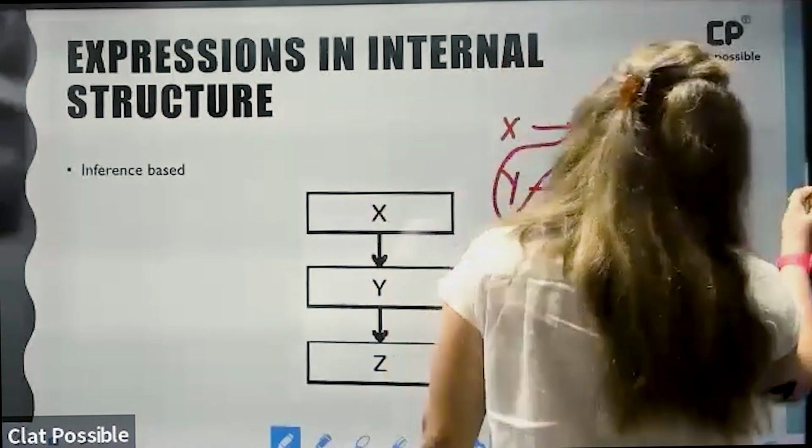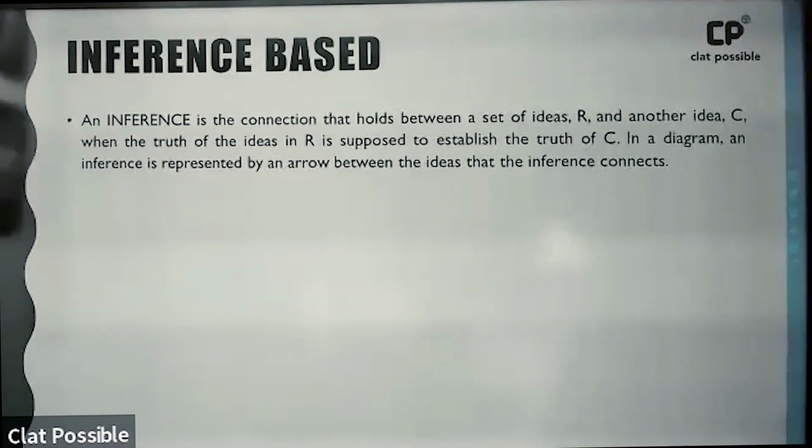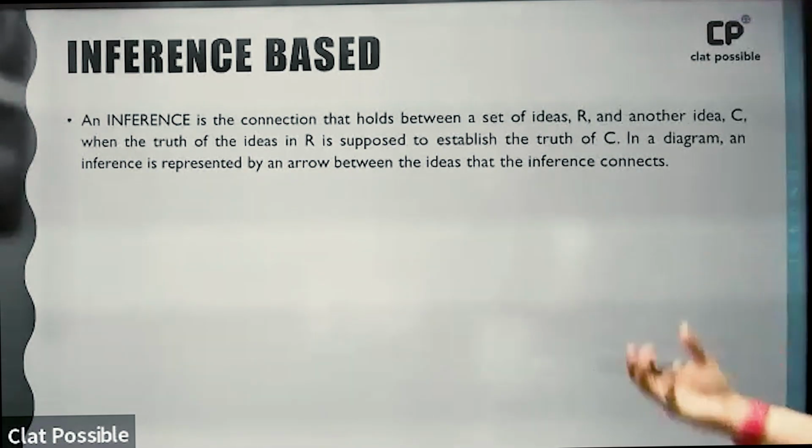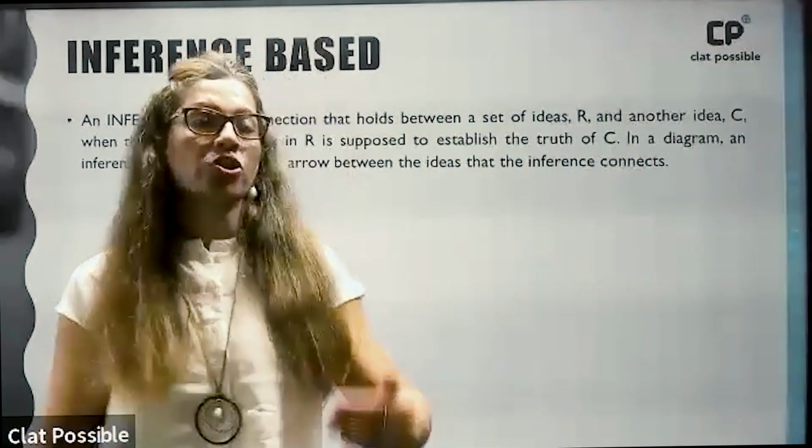So if I spend further time on this, the inference is the connection that holds a set of ideas between reason and conclusion. Let's call it R and C. So R, if we take it to be a fact or a premise, has to lead to C. Between R and C, this inference features.